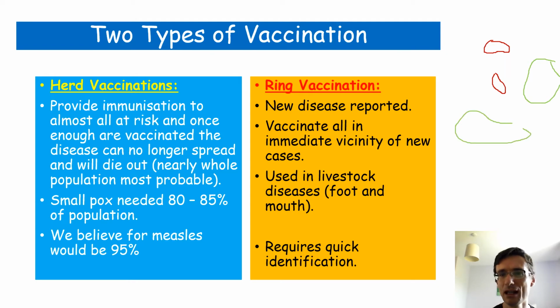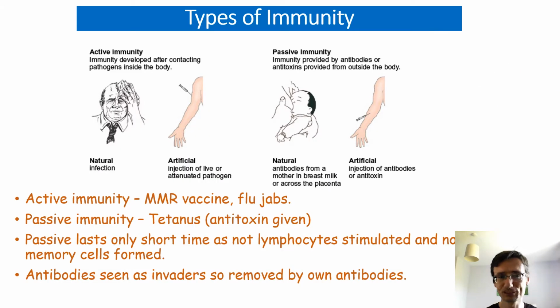What you would do, with the fields of cattle between, is vaccinate all of the cattle in this blue area here, and probably some of the green areas as well. That means you'd have a ring of vaccinations so the disease couldn't travel from one place to another. Obviously that's only going to work with things like cattle and livestock where they live in confined places. With humans that is very unlikely.